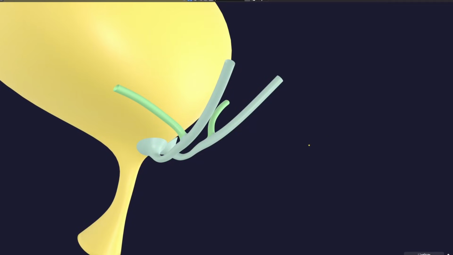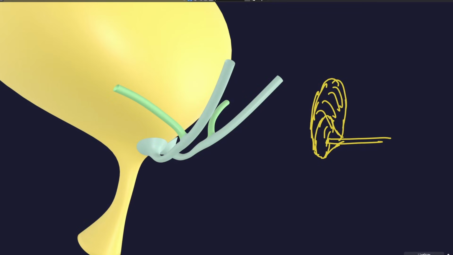So let me show you, let's draw it here. So here is the trumpet and here is the mouth of the trumpet, like this. Now what will happen is that this is the cranial end, it will proliferate and flatten more like this.